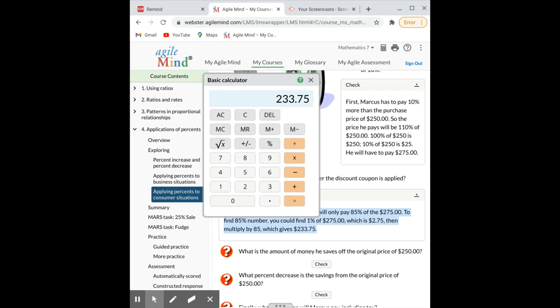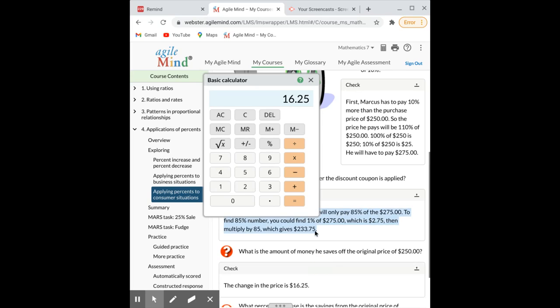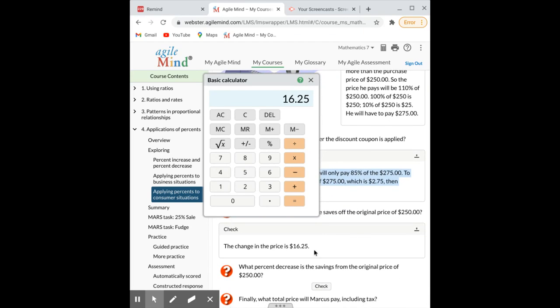What would you do? Divide. No, that's not going to work. If we're trying to figure out how much money he's saving, what would we do, Devin? Won't we subtract 233.75 from 250? Correct. So I got 250 minus $233.75. When I do that, I'm getting $16.25. So that is the change in price.